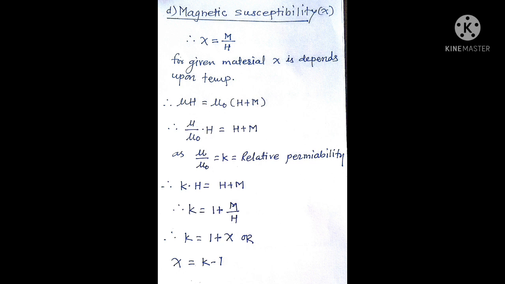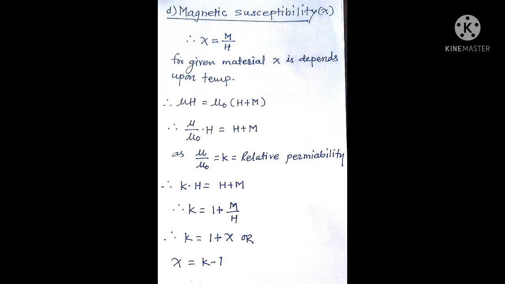Therefore we can say that magnetic susceptibility is less than k, that means the relative permeability by 1. That means magnetic susceptibility is equal to relative permeability minus 1. So this is the fourth magnetic property of material, that is the magnetic susceptibility.